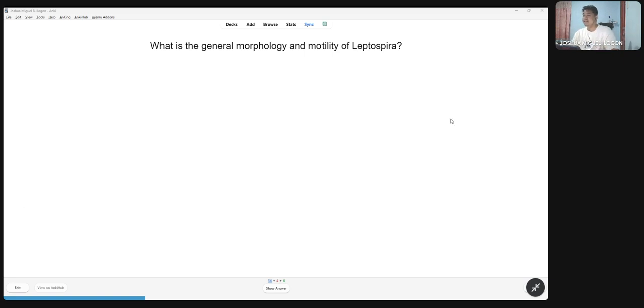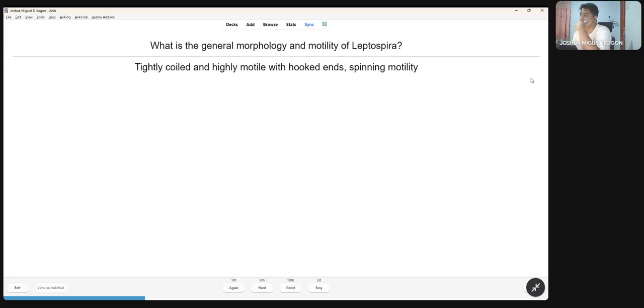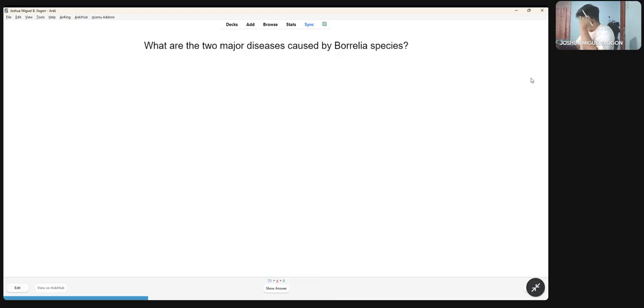All I know is that fluorescent antibodies are used. Right. General morphology and motility of leptospira: hooked ends and spinning motility. Not gonna forget that. Please don't let me forget about that.